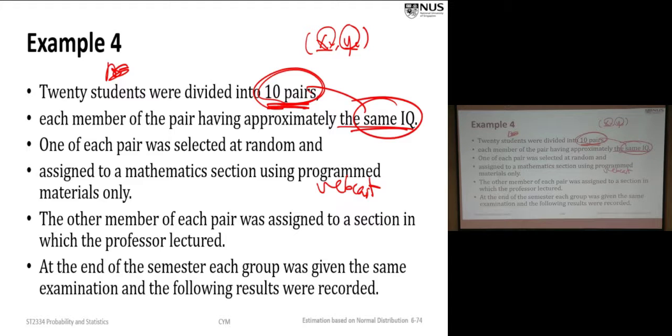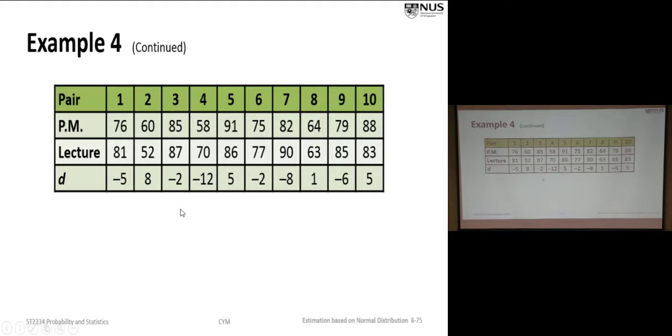Then we see how the exam scores look. But in this example, we really look at pairs, so it eliminates the effect due to different academic abilities.